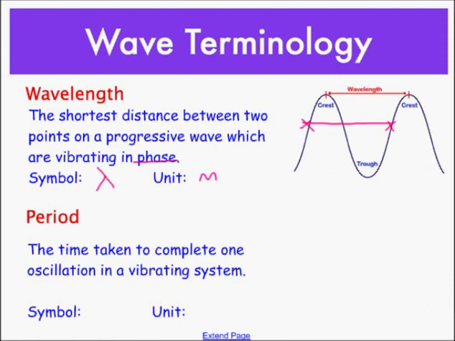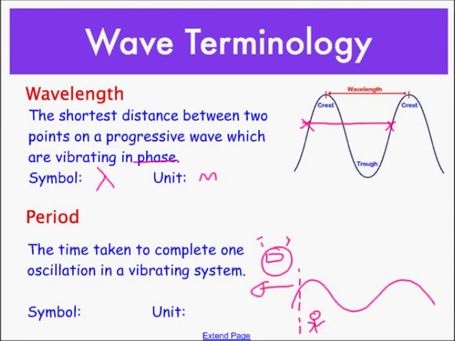Period, the time taken to complete one oscillation in a vibrating system. So if you had a stopwatch, and you time a wave flowing past you, so you're standing here, timing when it goes past that point.